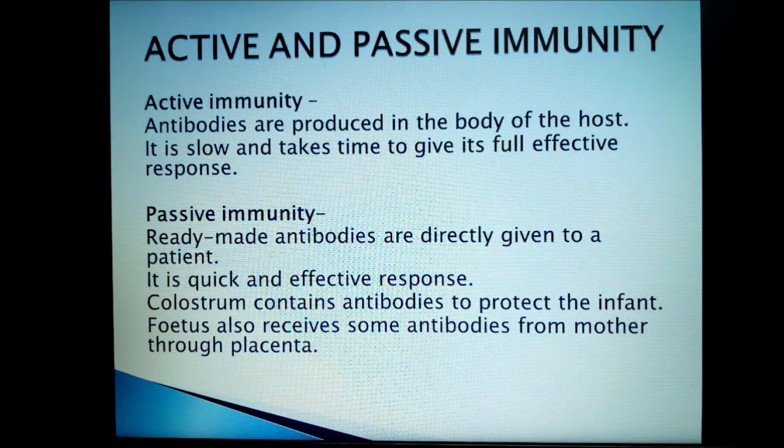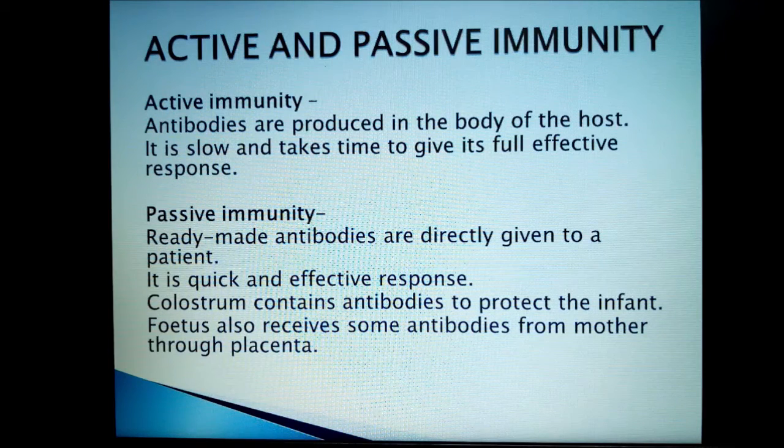On the other hand, passive immunity is the one in which ready-made antibodies are directly given to the patient. Here, the antibodies are not produced in the host or patient's body. They are prepared somewhere outside and ready-made antibodies are injected into the patient's body.